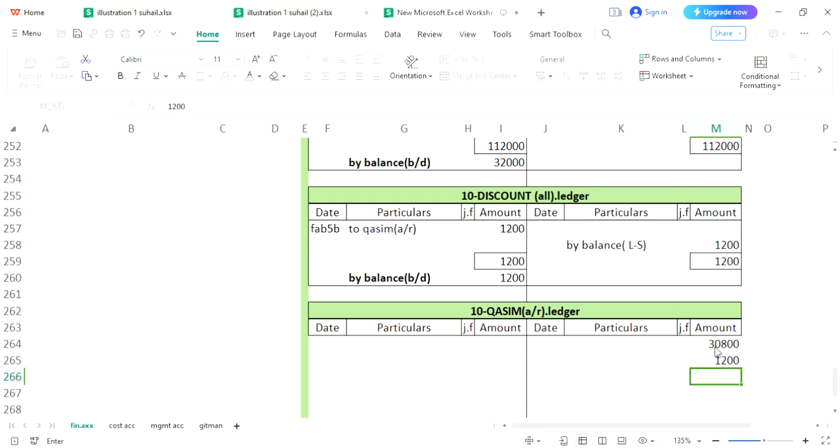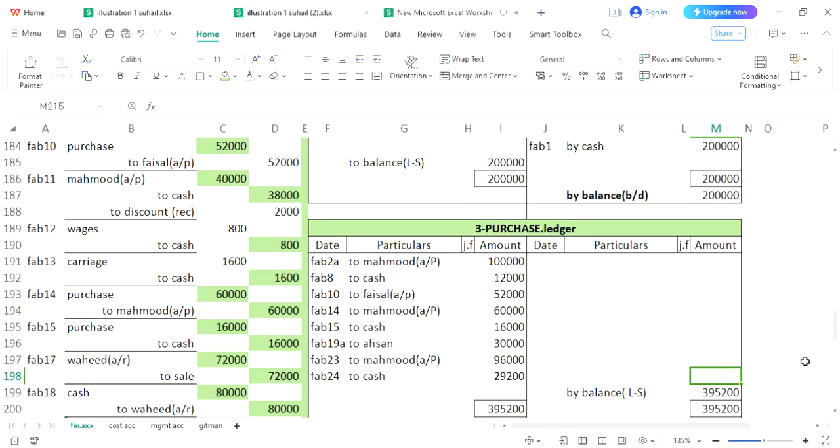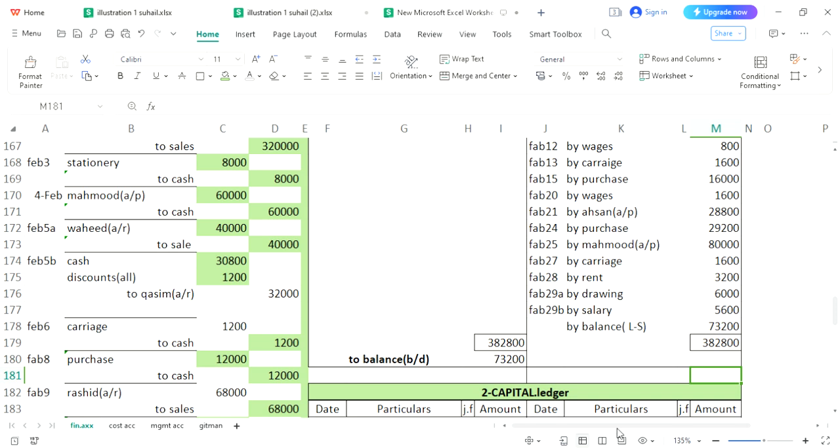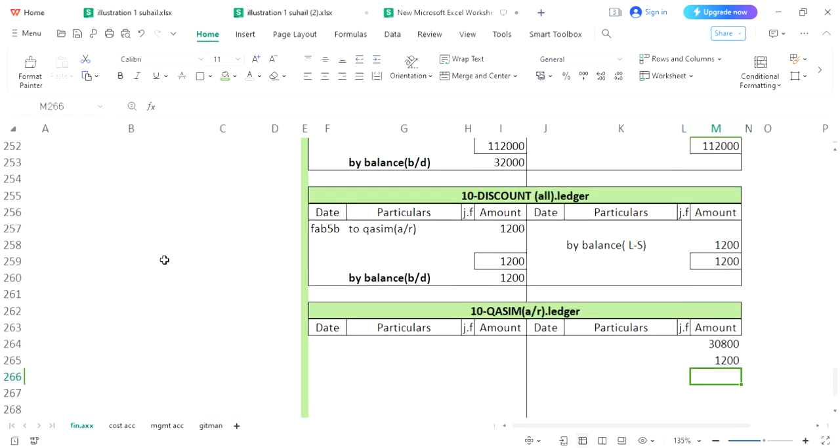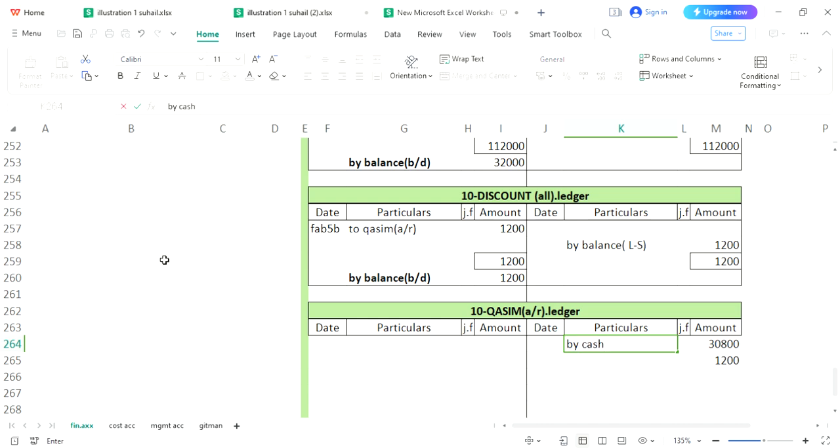Both amounts are credited. Actually the total amount calculated was 32,000, but it was divided into two parts. 32,000 you can see over here is divided into two parts, cash and discount allowed. So we will use cash as the reference for 30,800 and discount, which discount was allowed, will be used as the reference for 1,200.